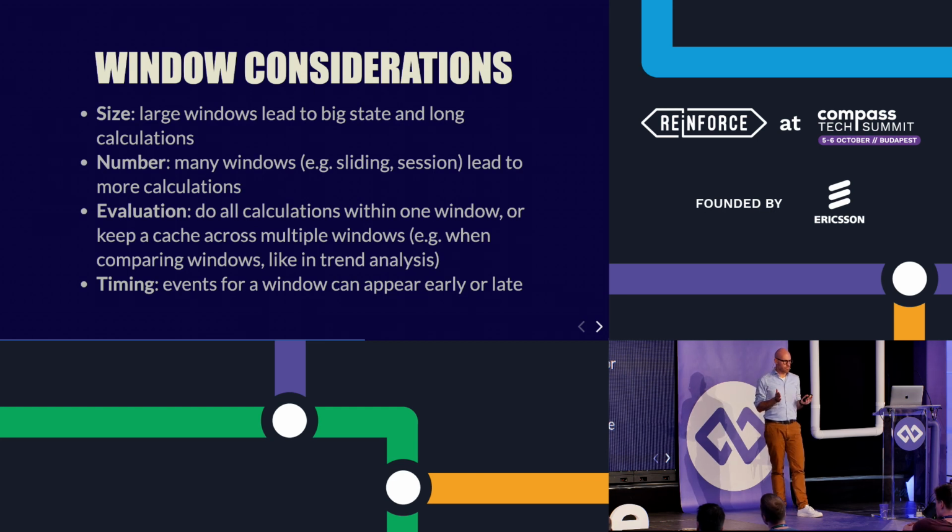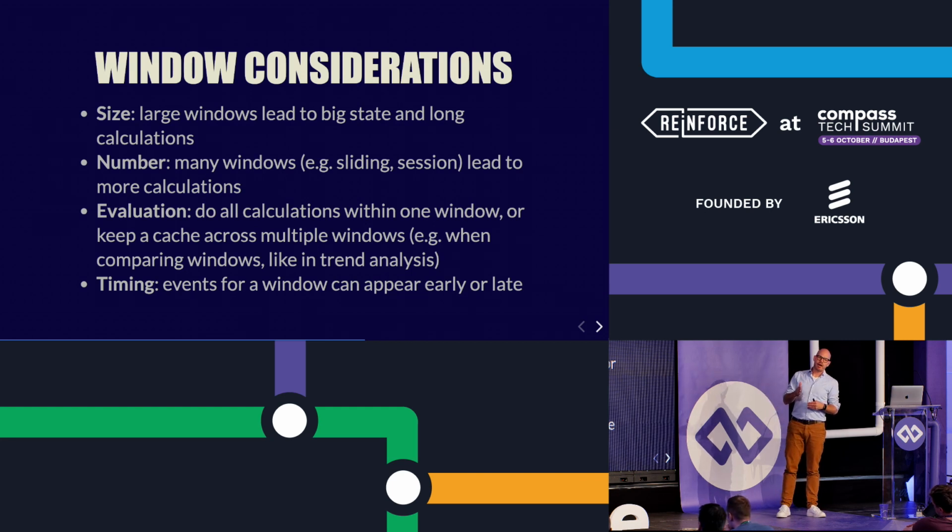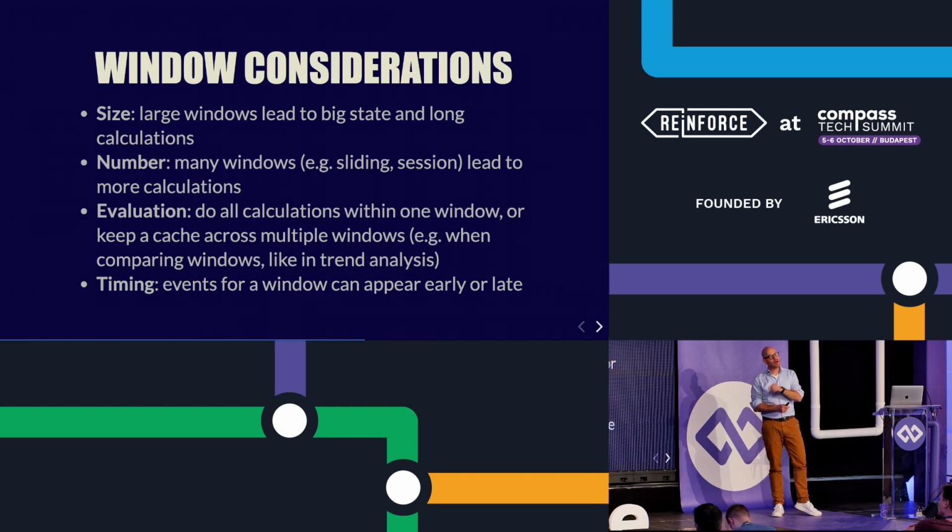You have to make a choice when to do that calculation. And when is that? That's actually not so easy to say, because if you pick any point in time, there might still be an event that arrives in your stream processing engine after the time that you picked, because events can be late, they can be delayed.